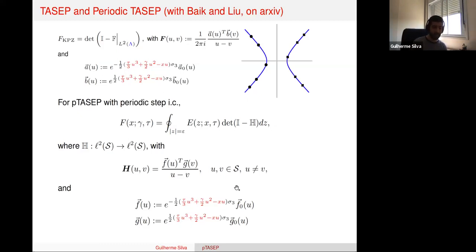But for the TASEP, everything truly depends on the three parameters. This limiting distribution F is really non-trivially depending on all the parameters. So you just cannot reduce everything to, let's say, a function of one variable. So you really need to have those three parameters.